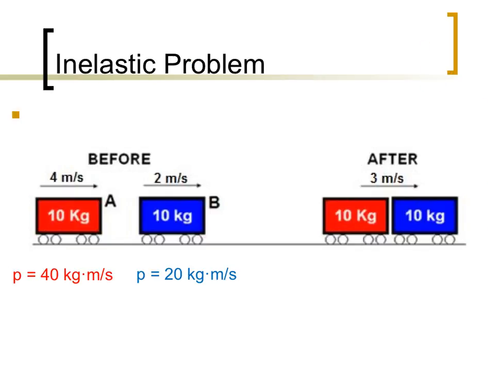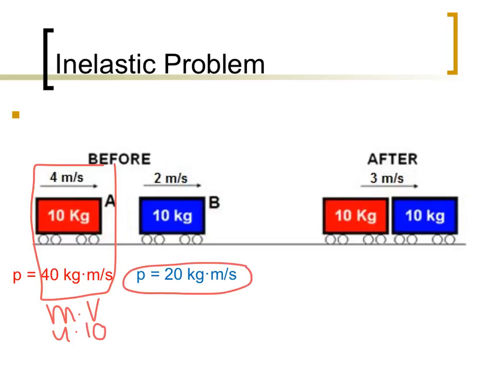Let's take a moment before we do a word problem to look at what this looks like. This is an inelastic problem. They're sticking together at the end. Before, we have a momentum of 40 kilogram meters per second. I'm just taking M times V, so that's 4 times 10. And then I have a momentum of 20 kilogram meters per second, which is just 2 times 10.